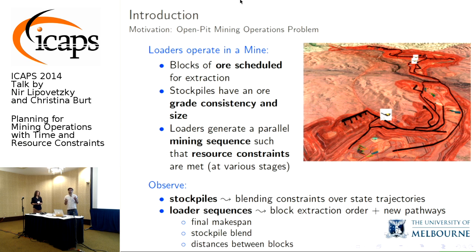Basically, you are creating new ways of reaching different blocks. So this has an effect on the final makespan, so when do you finish? It has an effect on the stockpile blend, because the order in which you mine means that this material will go to this stockpile that has to meet some specifications. And also the distance between the blocks changes. You mine something, you clear your way, and then suddenly you have a new path.